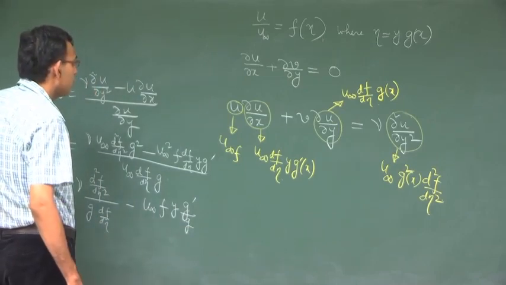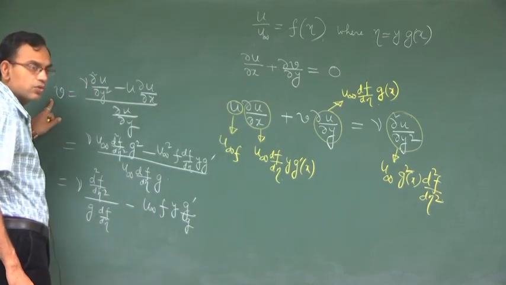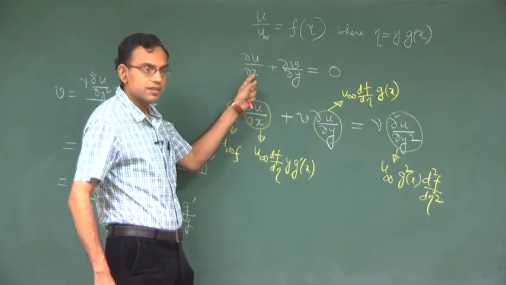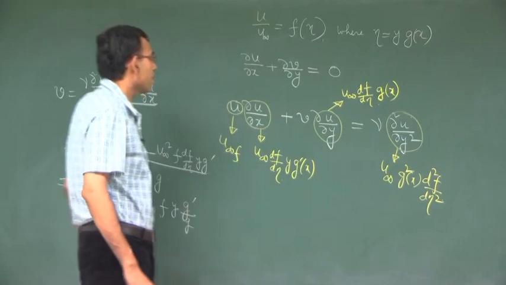So, what we will do is we will differentiate this with respect to y and equate that with minus del u del x to eliminate v.